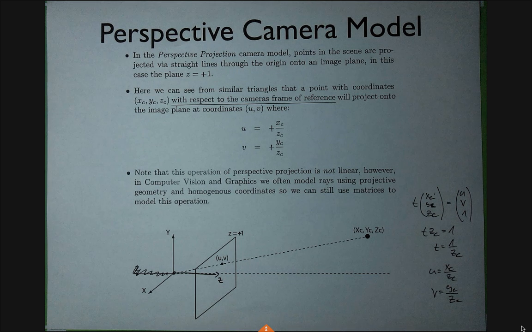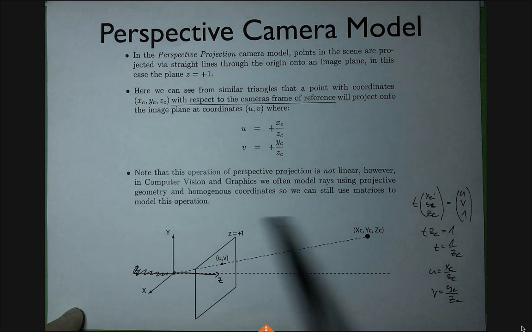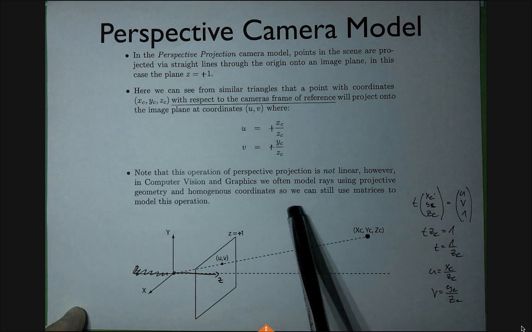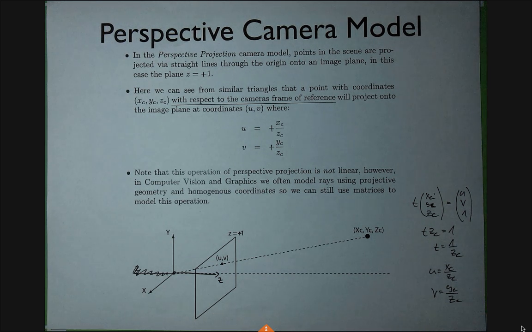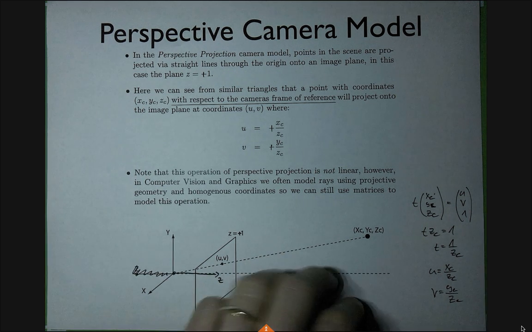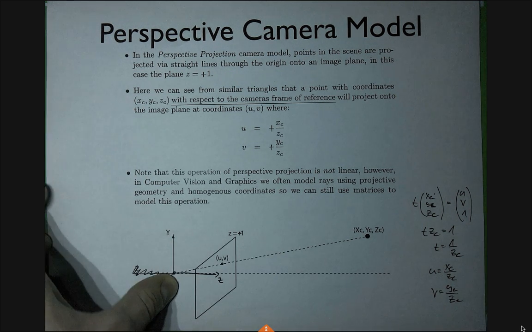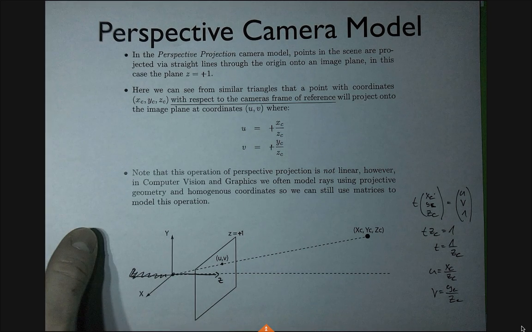The cool thing is that while this perspective projection is not a linear transformation, it's not that far from linear. It's just one divide away from linear. And we can almost represent the perspective projection using a homogeneous transformation. So this is how it works.